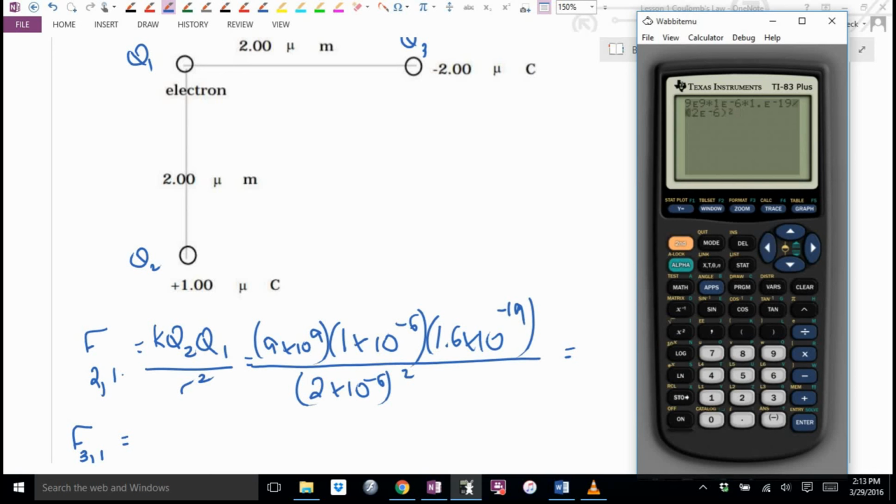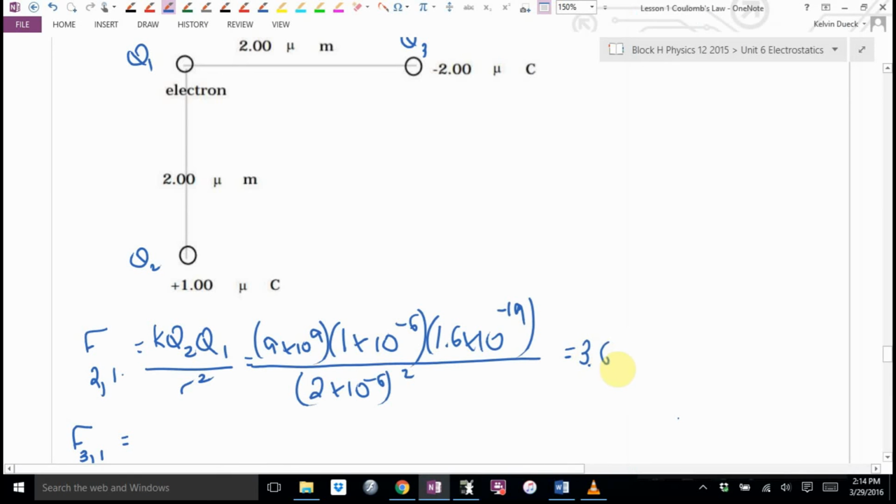And I get a force between those two vertical charges of 3.6 times 10 to the negative 4. Units, newtons. Direction. Is the electron getting pulled down or pushed up?